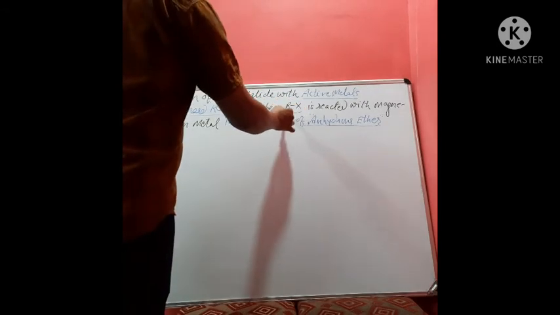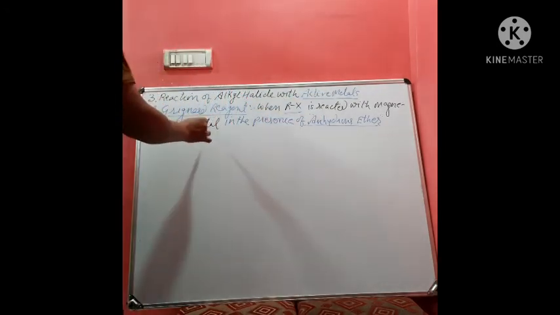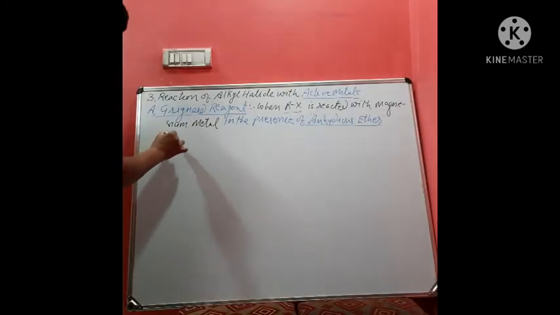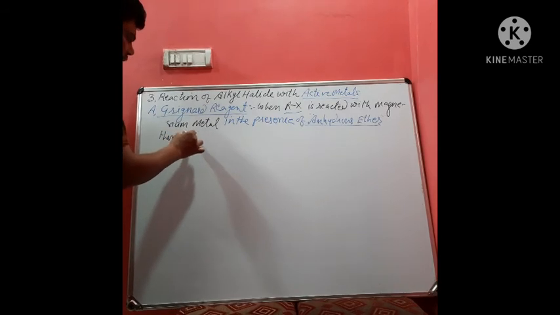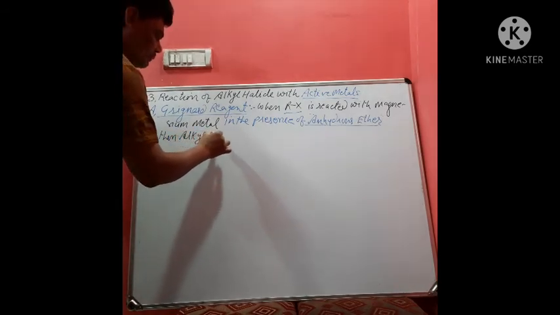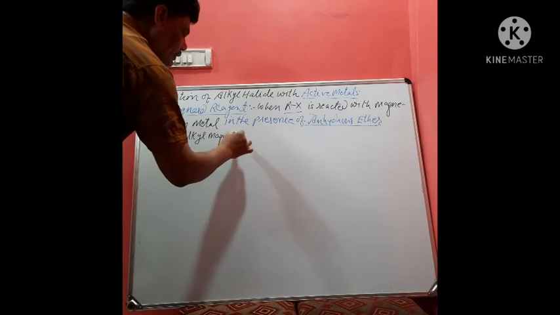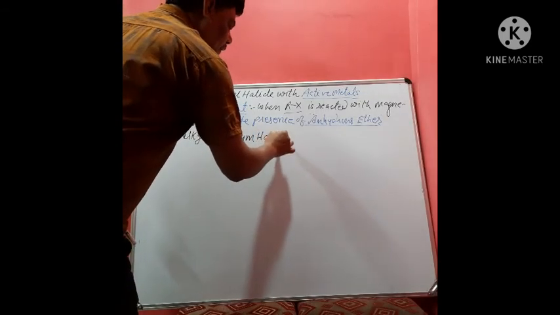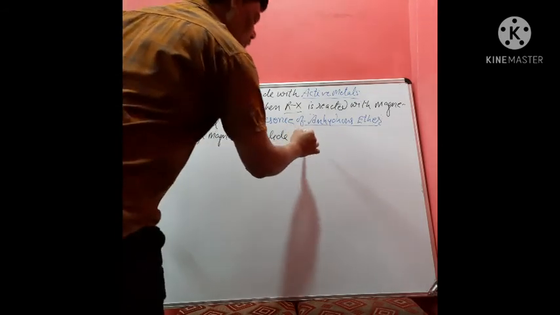So when alkyl halide is reacted with magnesium metal in the presence of anhydrous ether, then alkyl magnesium halide is formed.